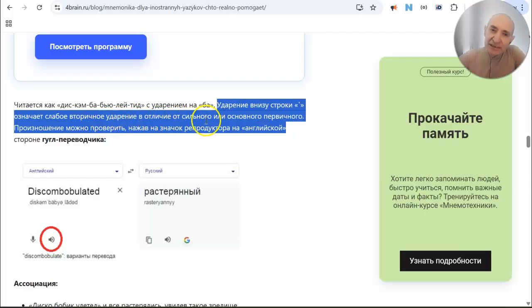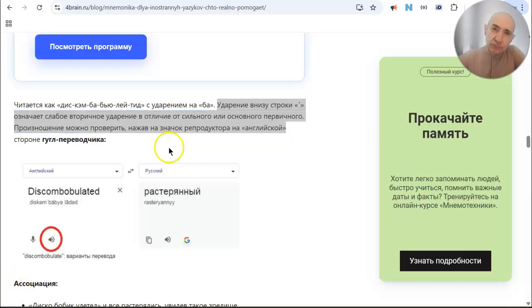В отличие от сильного, или основного первичного, в отличие от, it means as differs from, or as opposite to. Now, сильного comes from сильный, which is strong.